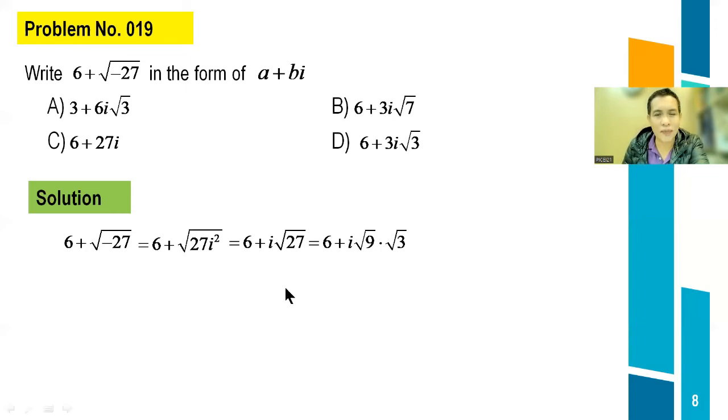To simplify, we have 6 plus the square root of 9 is 3. 3 times i, that's 3i, the square root of 3. Okay, so this is the correct answer. 6 plus 3i times square root of 3, which is letter D.